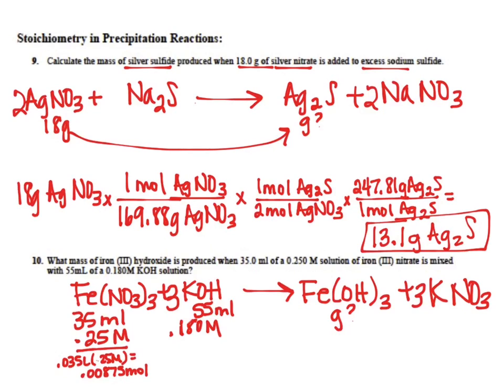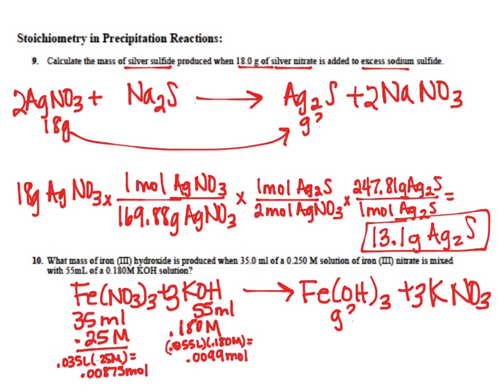We're going to do the same thing for KOH, so 0.055 liters times 0.180 molarity gets me 0.0099 moles. So we're in moles.